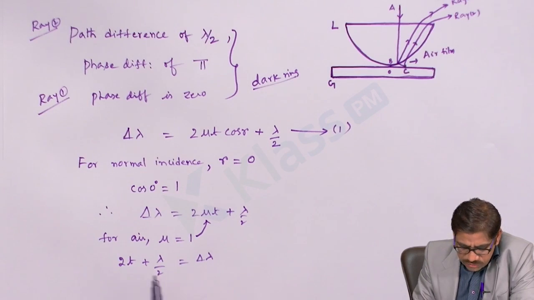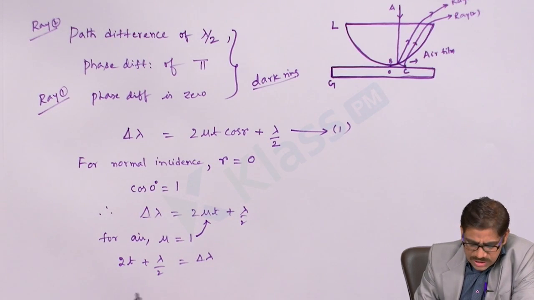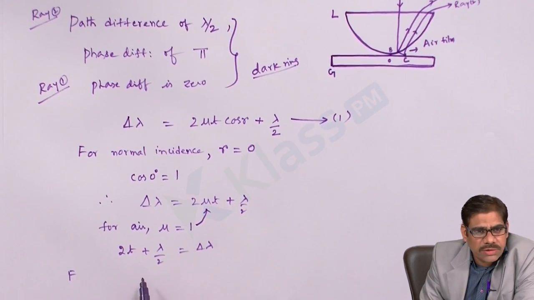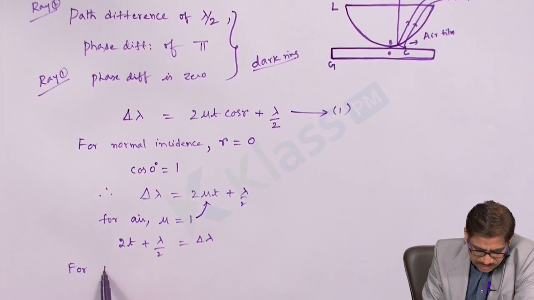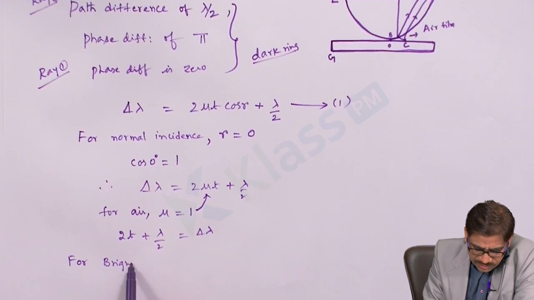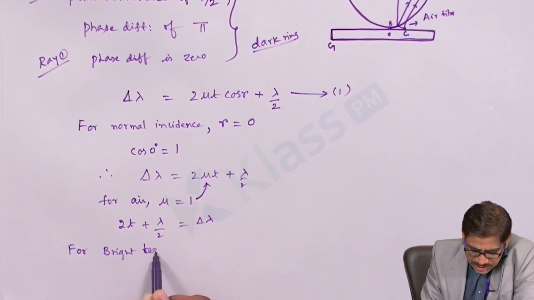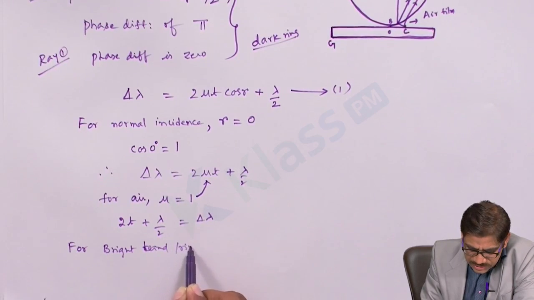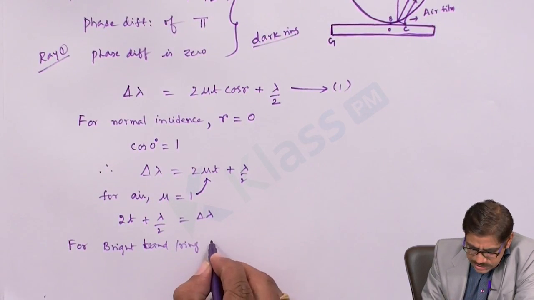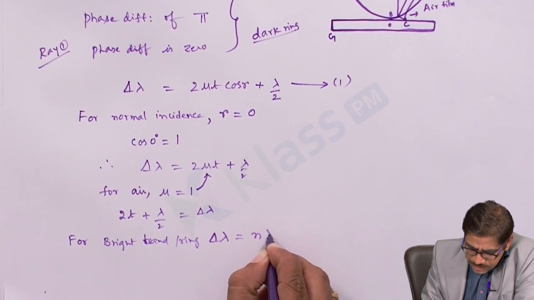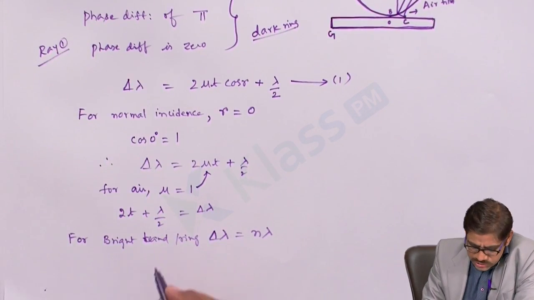As we know from the previous equations, we are concerned with the bright ring. So, for a bright ring, or rather a bright band, in case of interference, we write delta lambda is equal to n lambda.